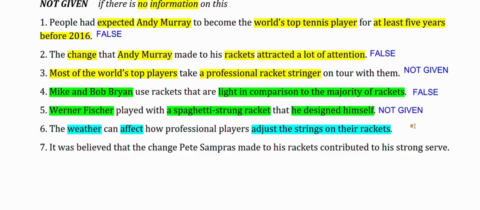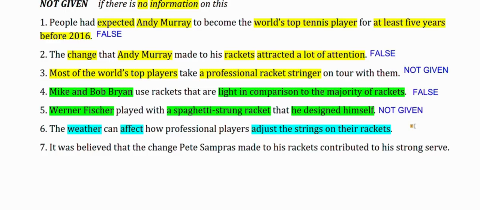Maybe in the question it is not written weather exactly, maybe they will use examples of weather like hot conditions, wet conditions, sunny. These kinds of words may be used to describe weather, but because of those, if the players adjust their strings, maybe make their strings smaller or whatever adjustment to the strings of the racket is made, then we will say true.